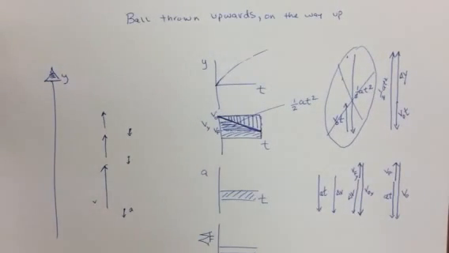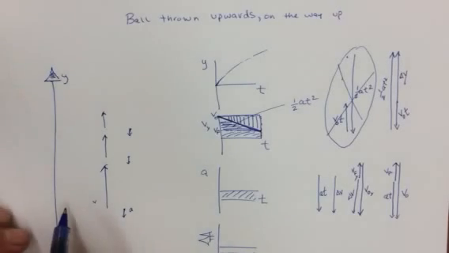Because my 1/2 AT squared vector has to be a shorter length than my initial velocity times time vector, not the way I had it. I know that because my displacement is upwards.